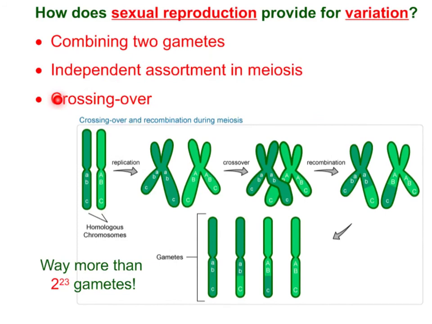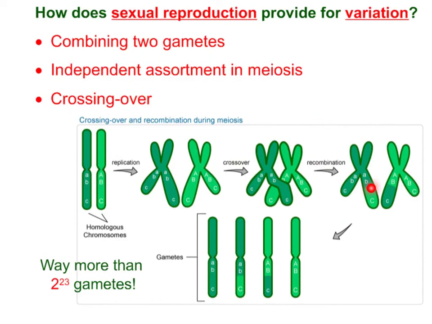What is crossing over? In meiosis, when we have tetrads that have been formed, here's an example of a tetrad. During that formation of the tetrad, a little piece of one of the genes crosses over another one, and they switch genetic material, so that when the tetrads pull apart, this chromosome is carrying a little piece of the genetic information from this one, and this chromosome is carrying a little piece of genetic information of this one.